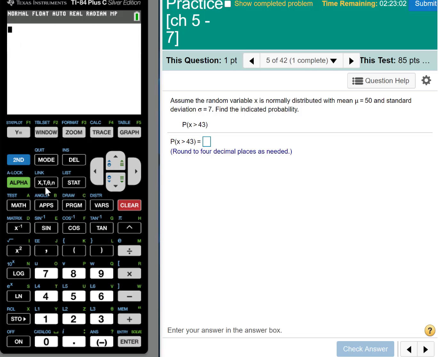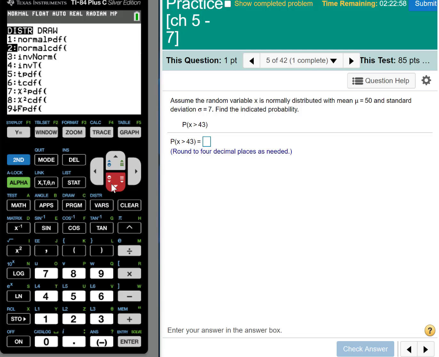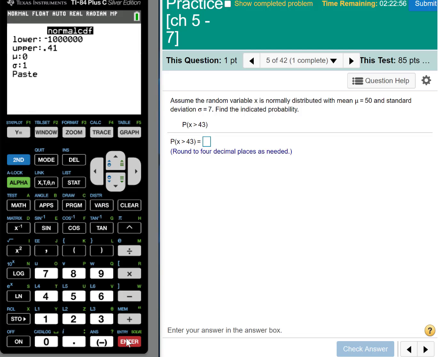Okay, now I'm going to clear. So go second, distribute, normal CDF. We don't use normal PDF. Okay, greater than 43. So the lower is 43. The upper, the sky is the limit. The mean is what? You are given the mean 50 and the standard deviation is 7. So when you ask about probability of X, you will be given the mean and the standard deviation. And here you go, you get the answer right there.